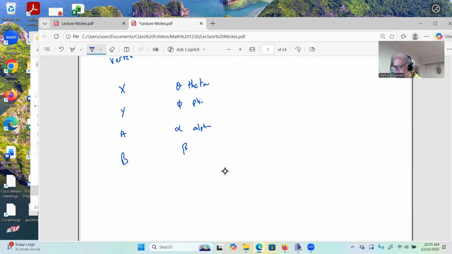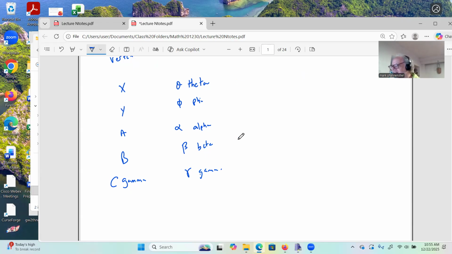It's just kind of a B with a long stem to it. So that's beta. And then we have gamma. That's our third letter in the Greek alphabet. It's kind of like an alpha turned on its side. Okay, so that's kind of how we're going to reference our angles.